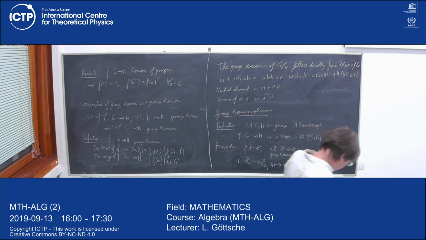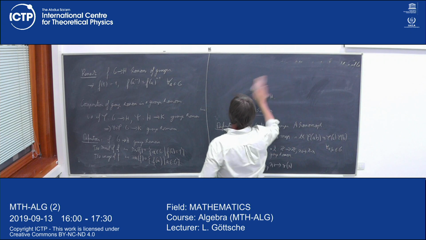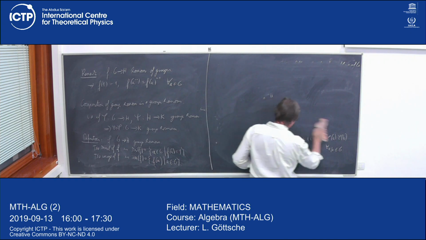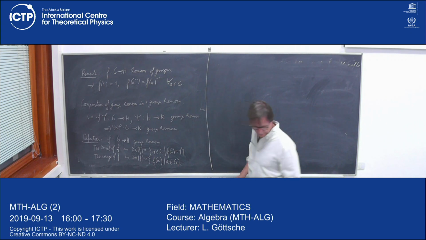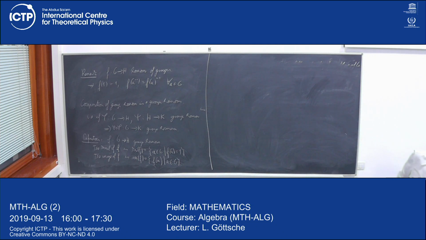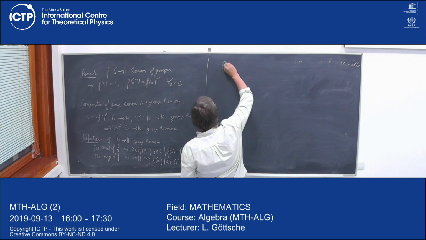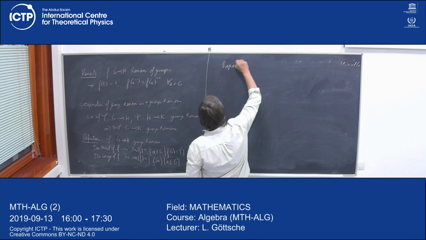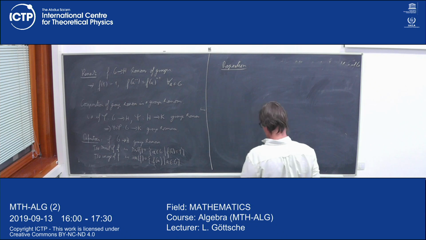Now we want to say that the kernel and the image are both subgroups, one of G and one of H, and that the kernel is a normal subgroup. Whatever, it's more of a remark; maybe I will state it as a proposition. So let's say f from G to H is a group homomorphism.